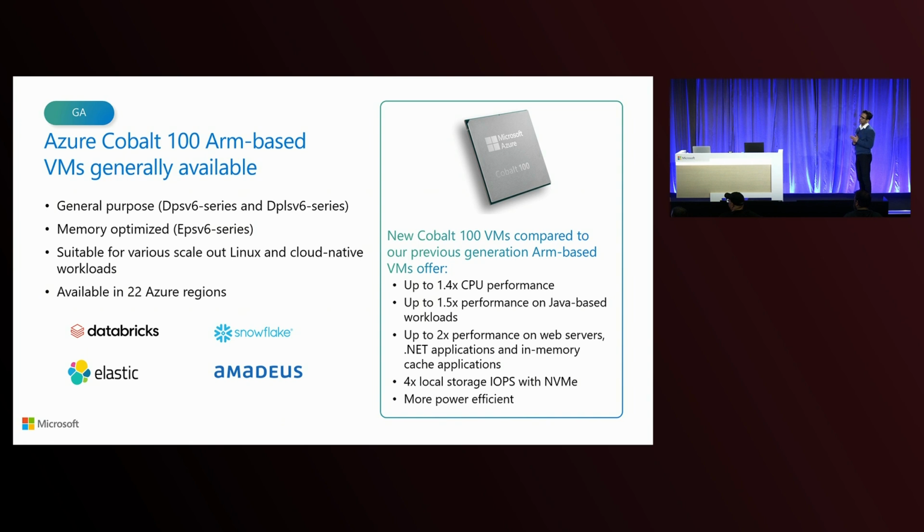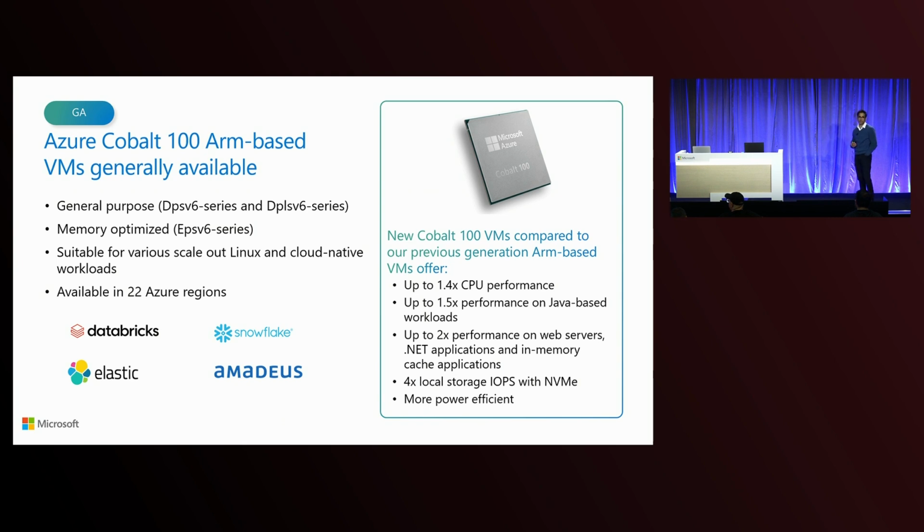If I can bring your attention to the right-hand side of the screen, Cobalt 100 VMs are bringing you double-digit performance and price performance benefits over the previous generation VMs that we introduced, which were based on the Ampere Ultra processor. When it comes to CPU performance, you'll see 40% better CPU performance. For Java-based workloads that are popular on ARM architecture, you'll see 50% better performance.